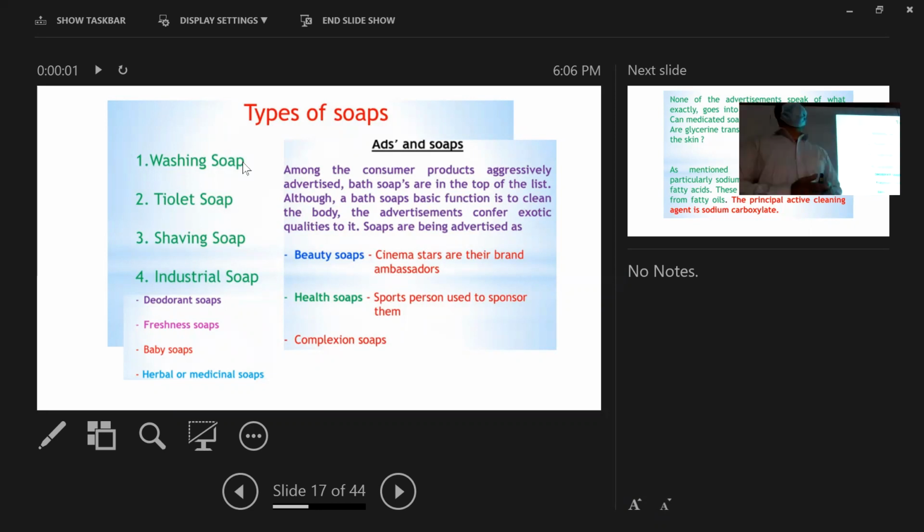Your soap should be close to neutral, a little bit basic, because as we have mentioned, we are adding a strong base and some weak acid. So the salt produced from this reaction will have some alkaline characteristics.